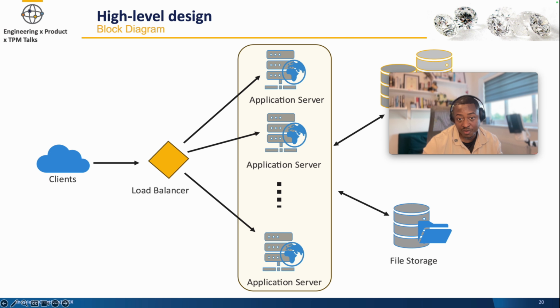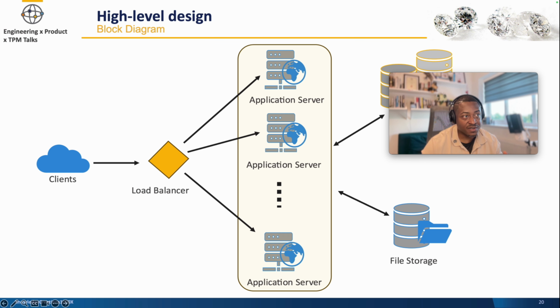Then we expect possibly a load balancer in front to distribute traffic. If we assume there's going to be a lot more read traffic than write traffic, meaning more people will be reading tweets that others are generating rather than writing their own, then we can decide to have separate servers instead of putting them in one server.